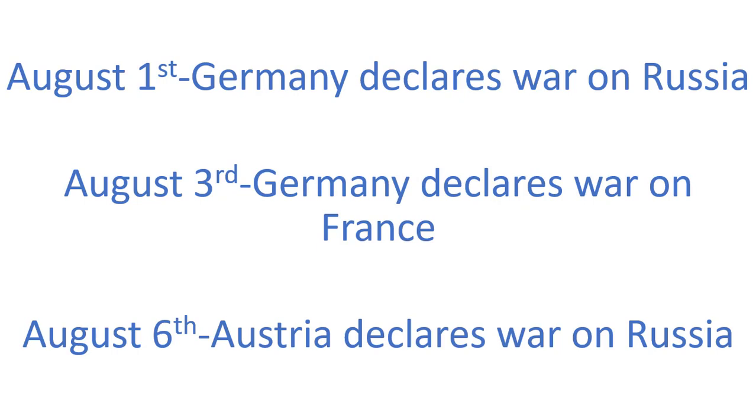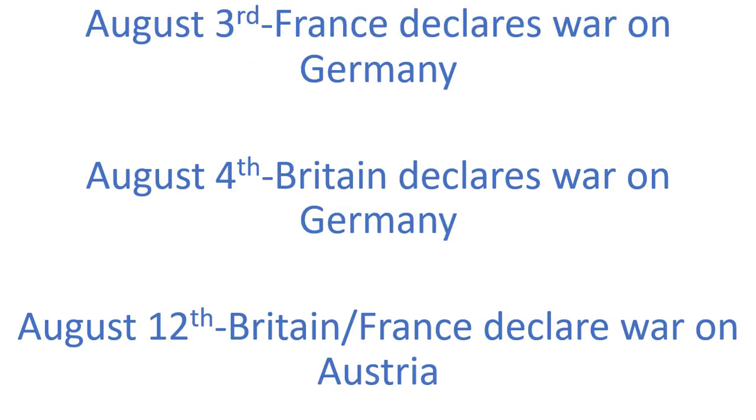On August 1st, Germany declared war on Russia, and 2 days later declared war on France. Austria declared war on Russia on August 6th. France declared war on Germany on August 3rd, and when the German army violated Belgian neutrality on August 4th, Britain declared war on Germany as well. 8 days later, both Britain and France declared war on Austria-Hungary.